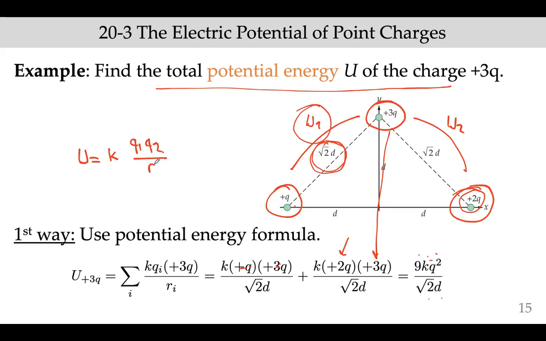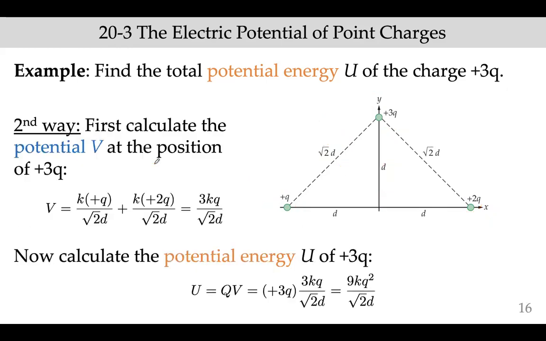Now there's a second way. Let's take a look at it. Now in the second way, first calculate the potential V. We will do it with the potential at the position of 3q, where the 3q is. So these two charges would create the total potential V at this point. Let's calculate it.